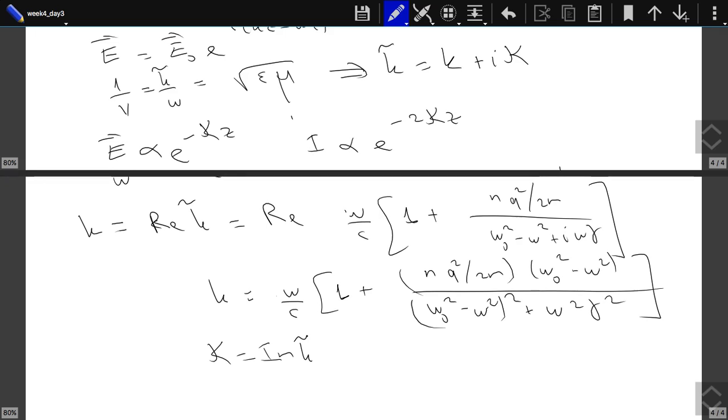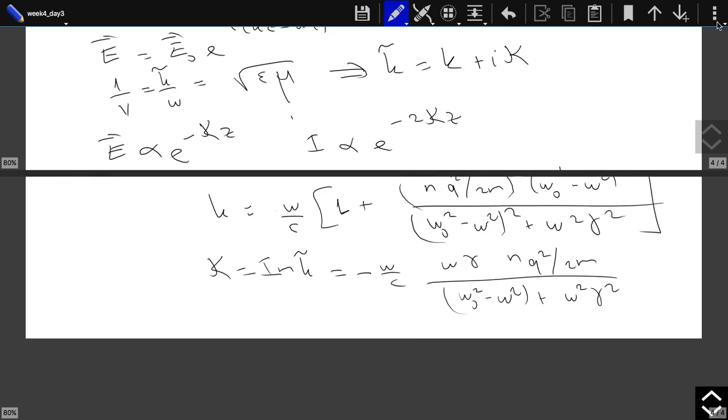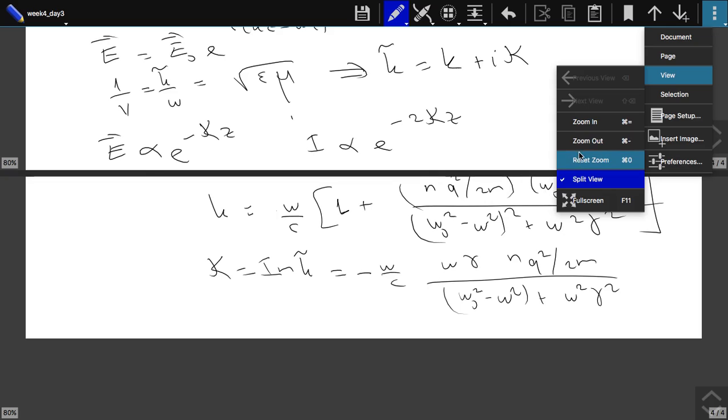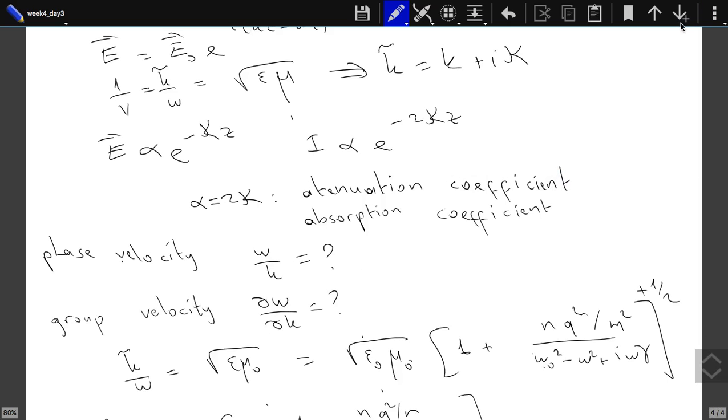And kappa is the imaginary part of k tilde. If you just multiply the numerator and denominator with the conjugate, you would see that this kappa is omega over c times omega gamma nq squared over 2m, divided by omega 0 squared minus omega squared, squared, plus omega squared gamma squared.